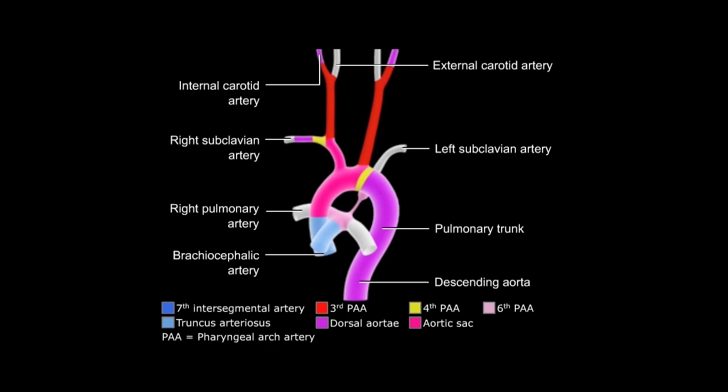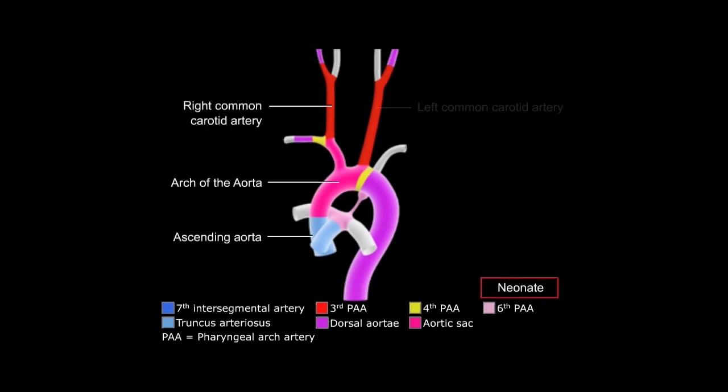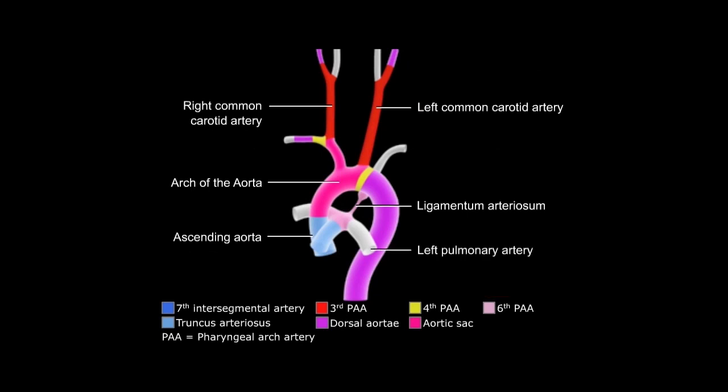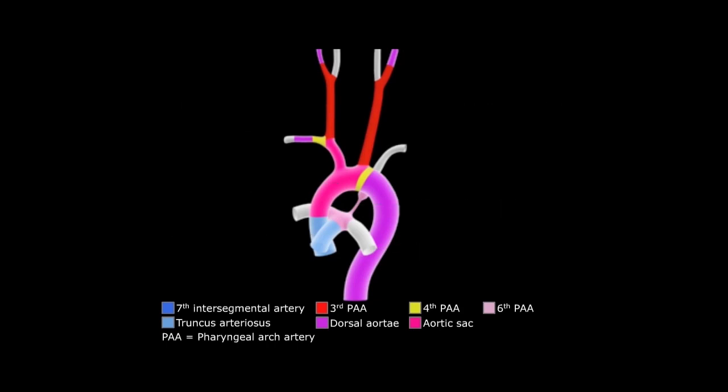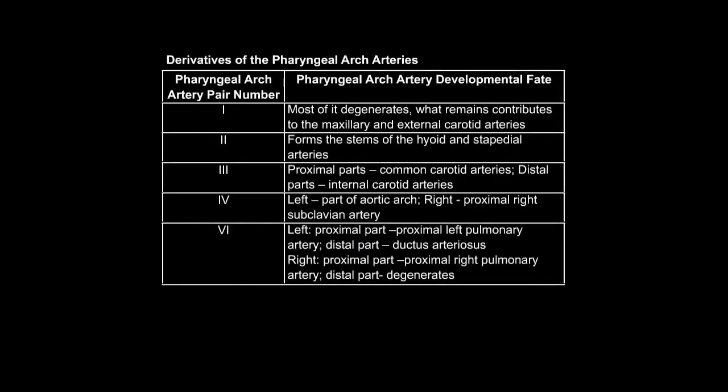The proximal portion of the left 6th arch contributes to the left pulmonary artery, while its distal portion forms the ductus arteriosus, a prenatal shunt. The right 6th arch artery proximal portion contributes to the right pulmonary artery, while the distal portion degenerates. A summary of the developmental changes is shown in this table.